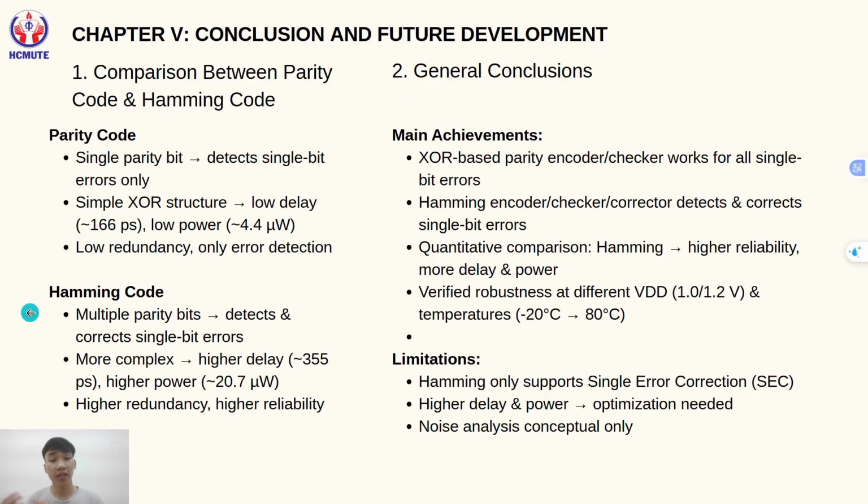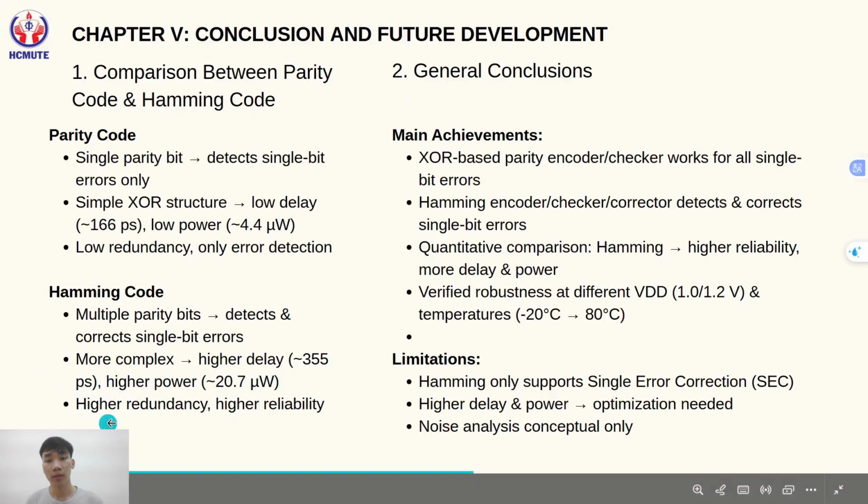Instead, Hamming code uses multiple parity bits and can detect and correct single bit errors using a syndrome vector. Its circuit is more complex and consumes more power and delay, but offers higher reliability, ideal for noisy channels and high-speed memory.